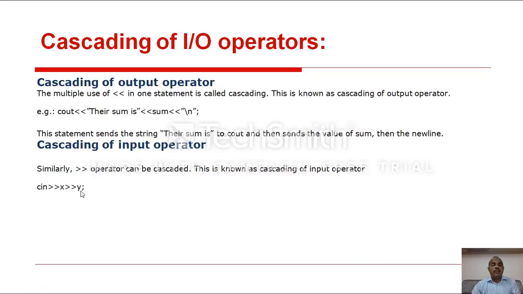At a time we read two values, whereas in C language, with printf and scanf statements, there are format specifiers available. Here there is no need to use format specifiers like %c, %d, %f, %s.